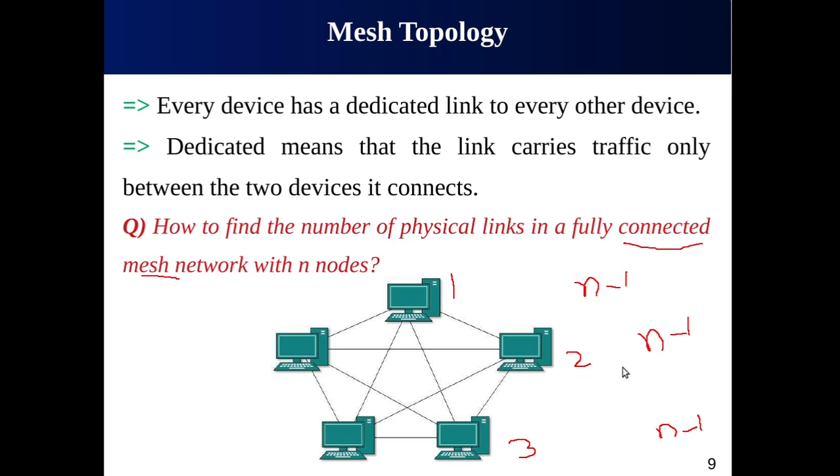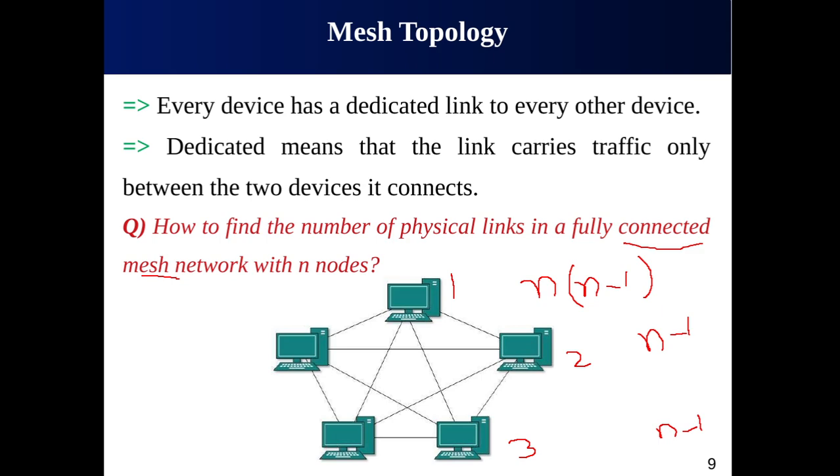So we can say that in a mesh topology, we actually need n into n minus 1 links. How? You have to practice on it. How is it equal to n into n minus 1? Don't worry, in the physical class we will solve this equation.